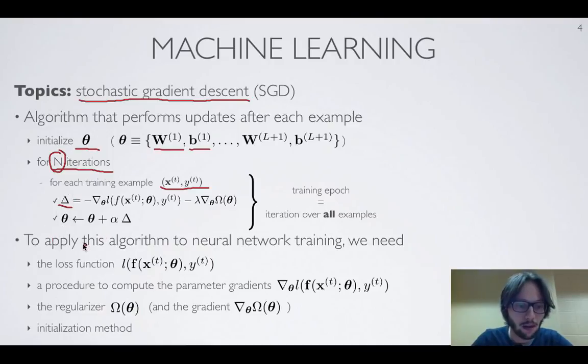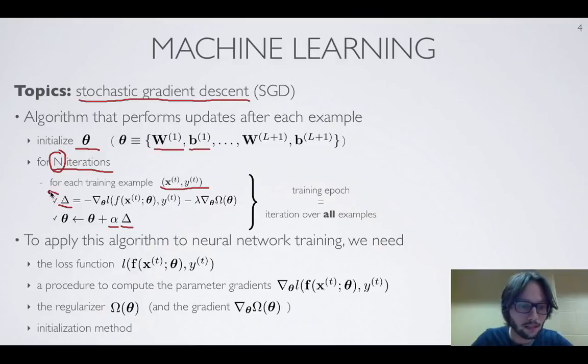Then I take my parameter and update it by adding a step size or learning rate alpha, which is another parameter I have to specify, a hyperparameter, times this direction delta. So I'm taking one step in the direction that is locally going to decrease the most my sum of loss plus regularizer for my training example.